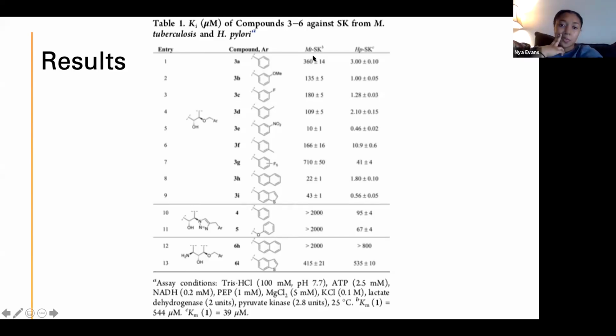So the MTSK is the shikimate kinase enzyme for tuberculosis, and then the HPSK is the shikimate kinase enzyme taken from Helicobacter pylori, which is what causes stomach ulcers. So they just tested it in two different ones. So how it says 360 plus minus 14, where are those two numbers coming from?